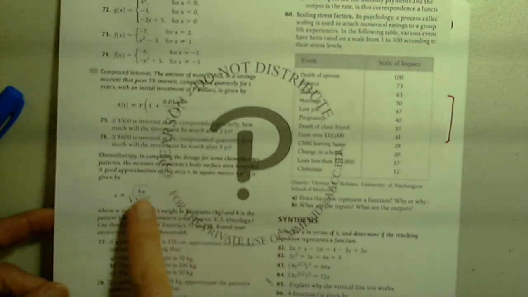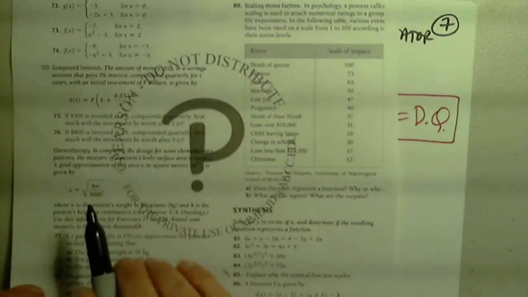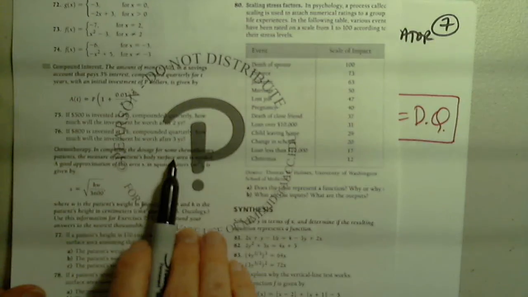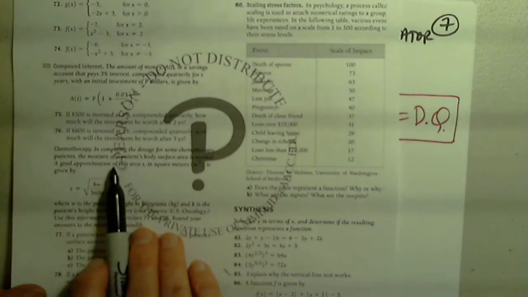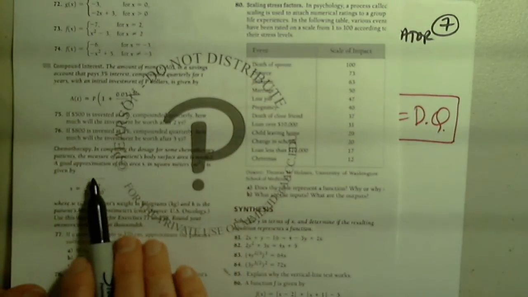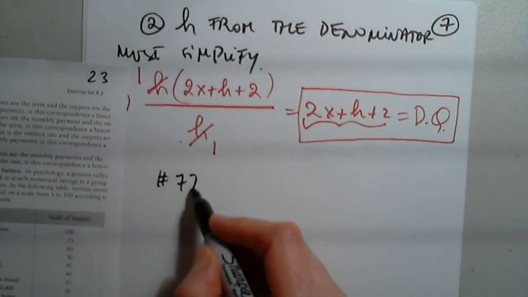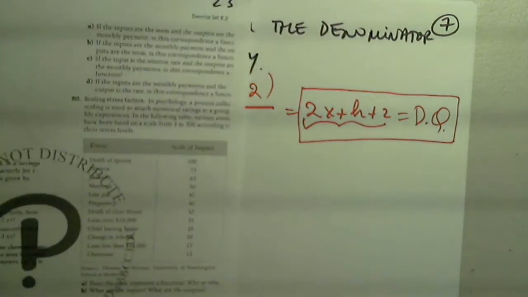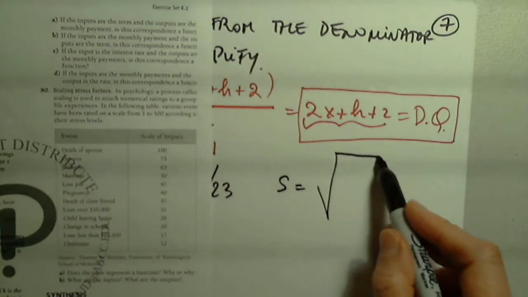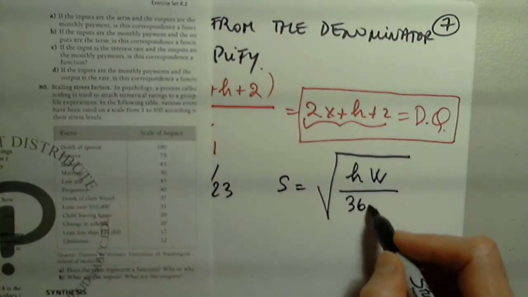Yeah, why not? Let's take a look at a subject that is not pleasant, chemotherapy. Let's look at that example. It says, in computing the dosage for some chemotherapy patients, the measure of a patient's body surface area is needed. A good approximation of this area, S, so let's say 77 on page 23, is given to us as the square root of HW divided by 3600.